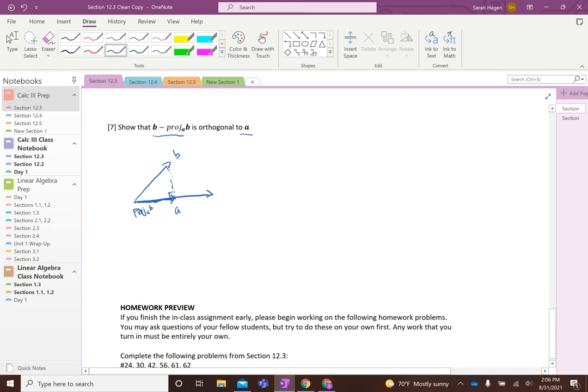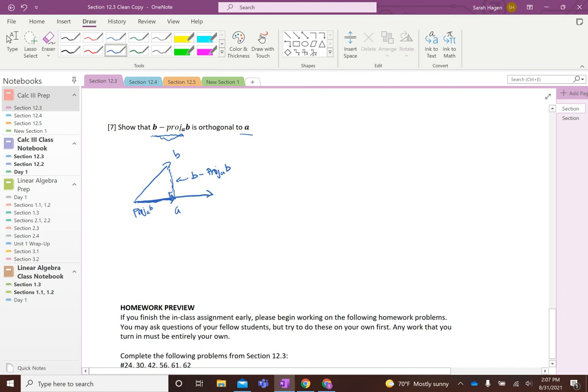And now, geometrically, what is B minus that projection? Well, I claim this right here is B minus the projection onto A of B. And if you didn't believe me, add these vectors. Projection of B onto A plus B minus projection of B onto A, add them together, you just get B. And so this is really like the perpendicular component of B, and so they really should be orthogonal.